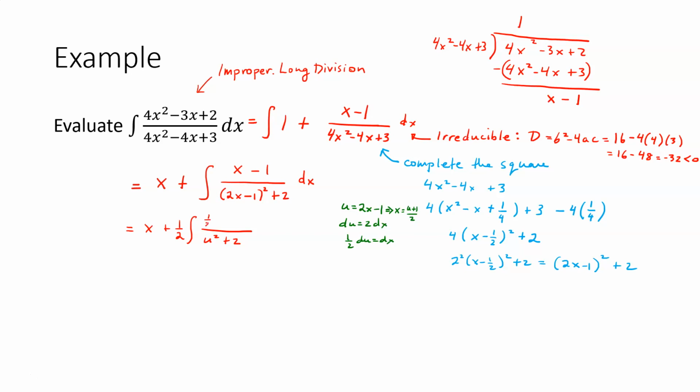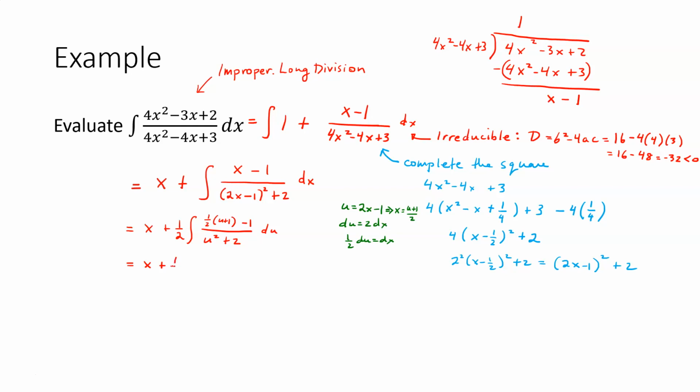So it'll be 1/2 u plus 1 and then minus 1. And let's clean this up a little bit. So I'll have 1/2 u plus 1/2 and then minus 1. So that'll be minus 1/2. So I'll have 1/2 u minus 1/2.